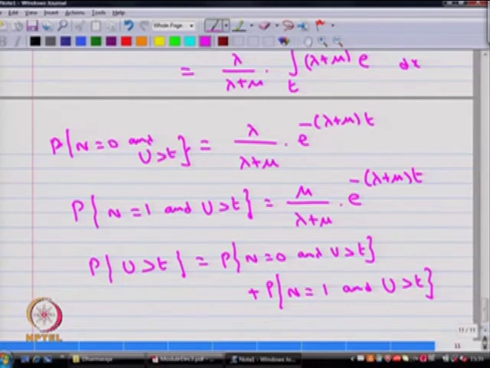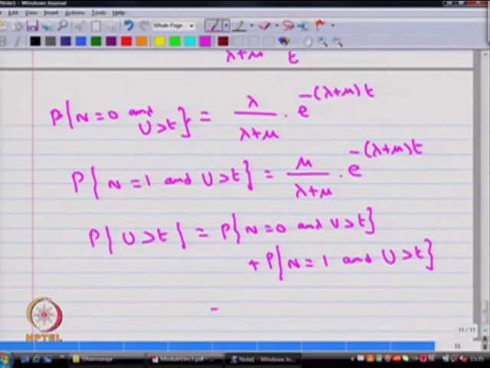You know the result. If you add, you will get the result, that is e power minus (lambda plus mu) times t. That is the meaning of the minimum of two random variables takes a value greater than t, that is e power minus (lambda plus mu) times t.